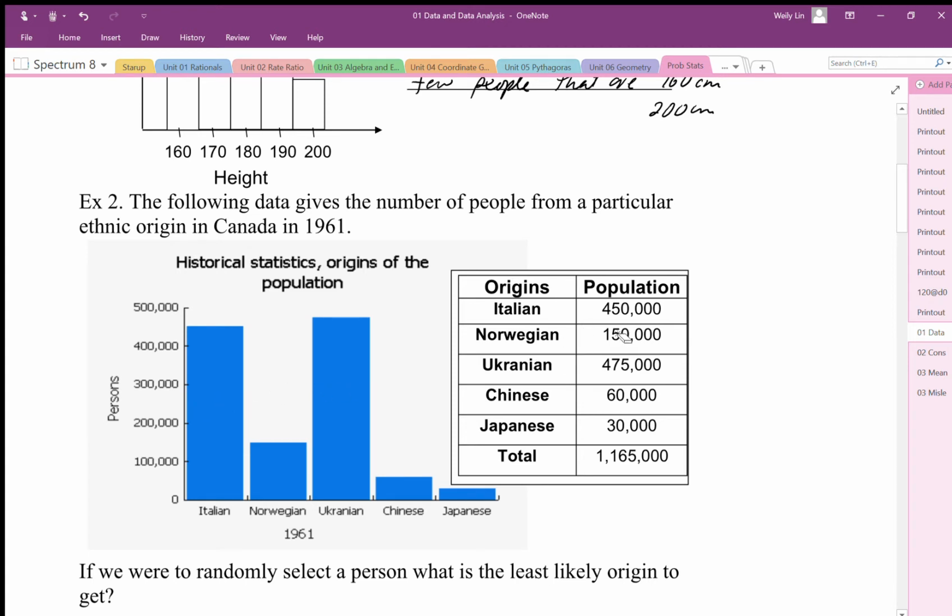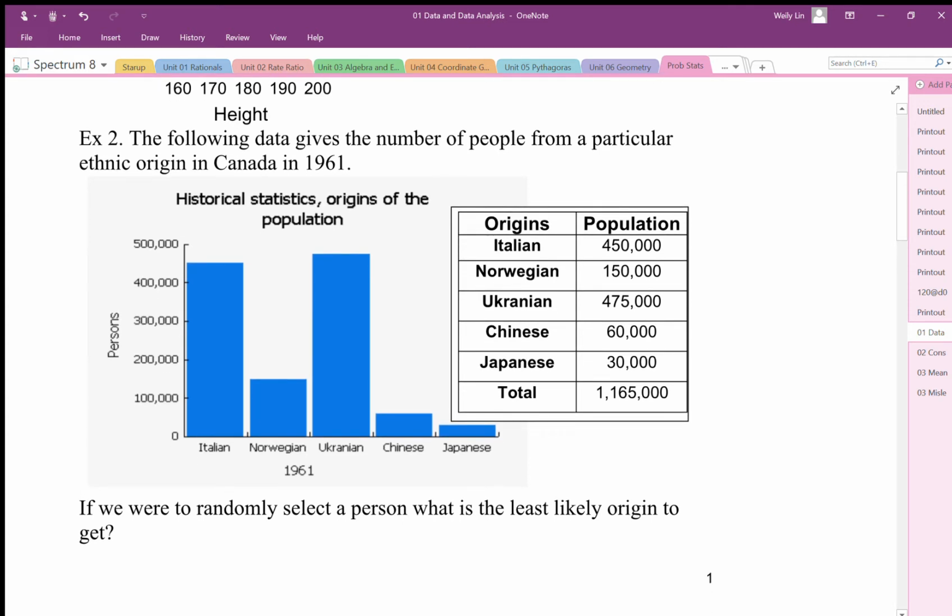So this is a tabular form of this information, and this represents the bar graph or histogram form of this information. So we have here, the higher the graph, the more people there are. So we get a very quick relative reference of how many people are from these different backgrounds.